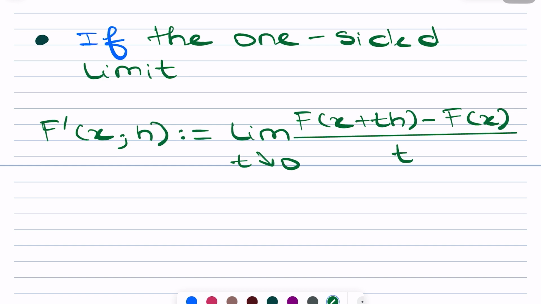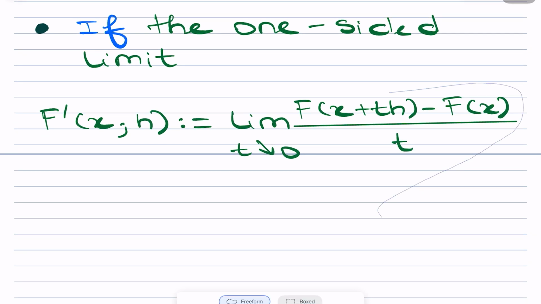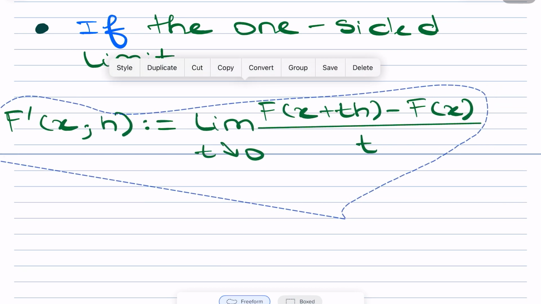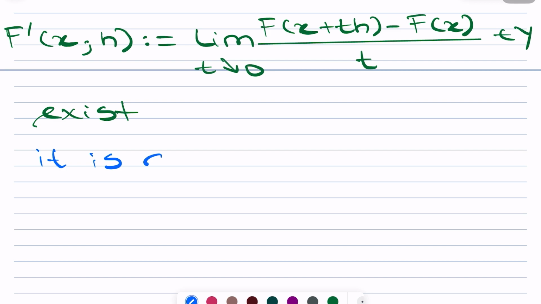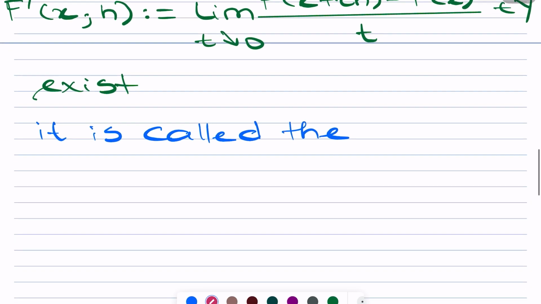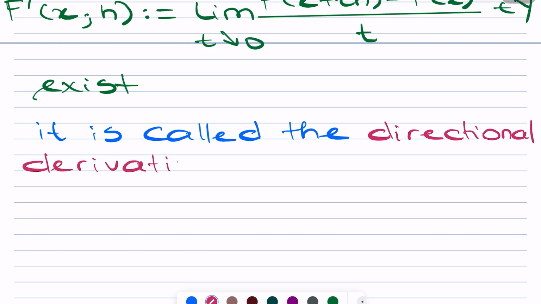If this one-sided limit exists, then it is called the directional derivative of f in x and in the direction h.